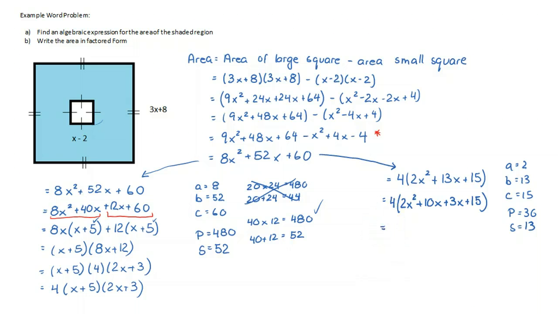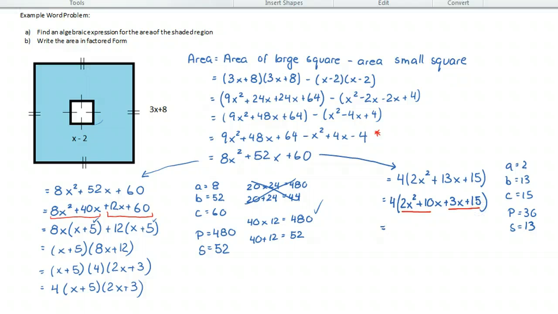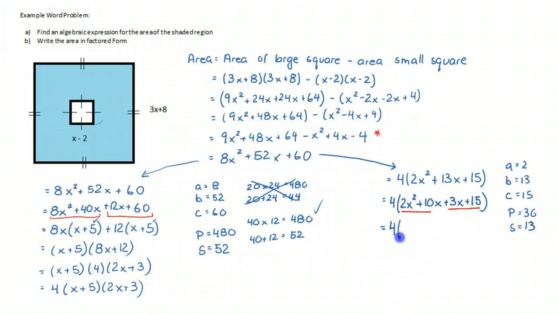Now again, the beauty of this decomposition method is that with these two binomials, I can factor something out of those. I can't get rid of this 4, so watch that. We're going to factor out 2x, and we get x plus 5. Then I can factor out a 3, and I get x plus 5.